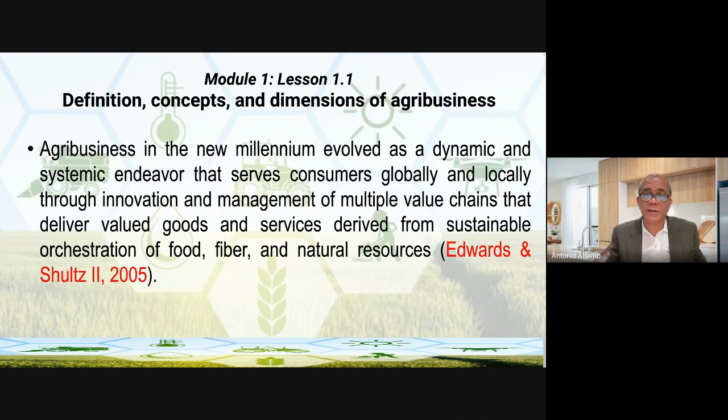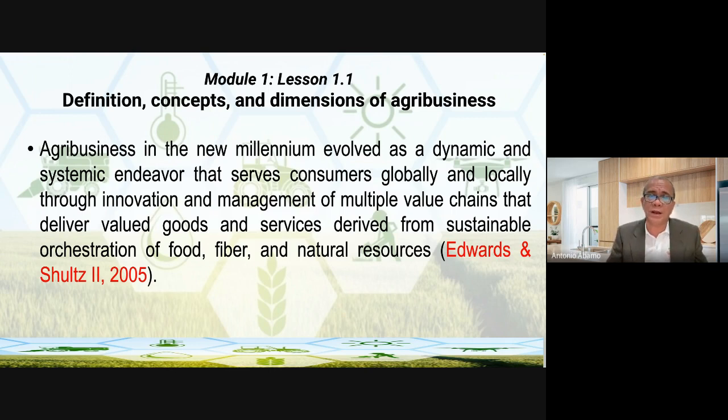In other words, there is a global issue in terms of sustainability, so that in order to provide the needs of the market of the current generation and still be able to serve the needs of the customers in the future generation, agribusiness needs to be sustainable.